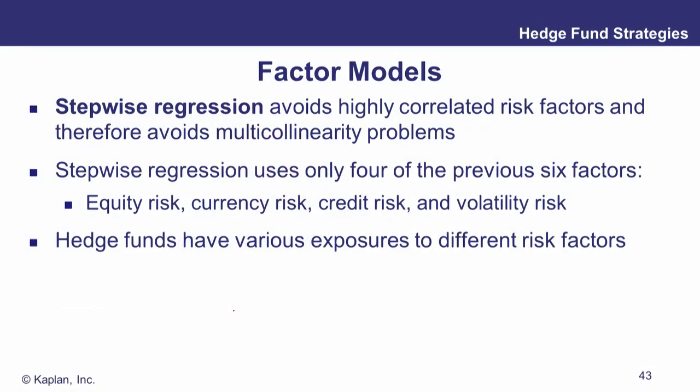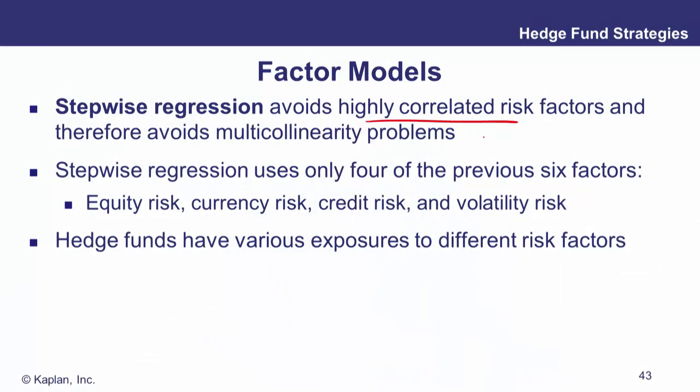Now, I don't know how many of you are absolutely awesome at your level 2 quants, but you might remember if we're putting together a linear model with lots of factors, we want to avoid multicollinearity. And stepwise regression, very similar model to what we've seen before, would just seek to eliminate highly correlated risk factors.